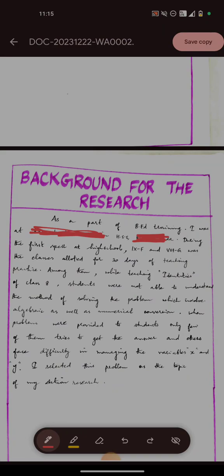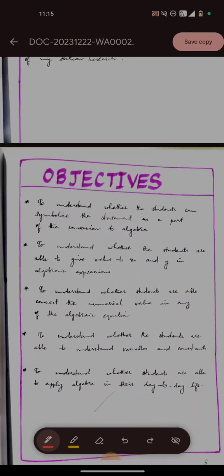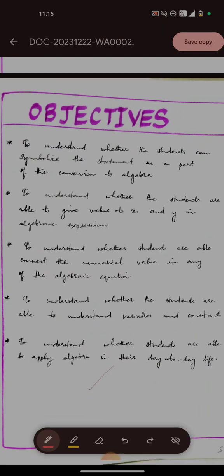So why I selected this topic, that is the background for the action research. Next are objectives. The objectives are to solve the problem of the action research. What outcomes are we expected to get? So we have objectives like making the students have better understanding.